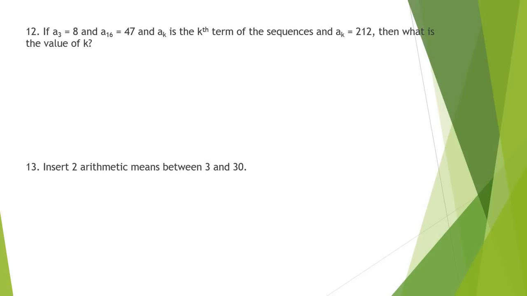So let's have another illustrative example. If the third term is equal to 8 and the 16th term is equal to 47, and a sub k is the kth term of the sequence and a sub k is equal to 212, then what is the value of k? So this is quite a tricky problem. Anyway, if we simply write our a1, a2, and a3, we have known our a3, which is equal to 8.